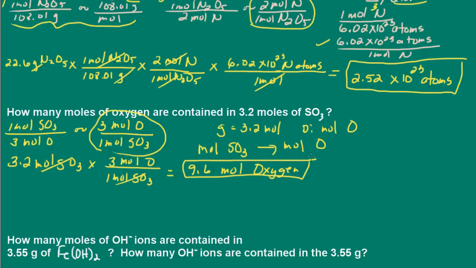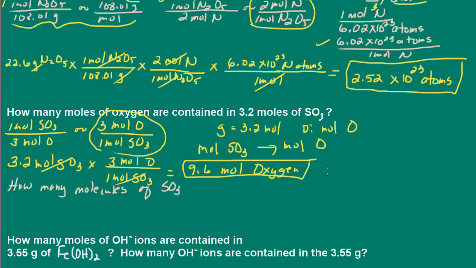Well, let's try this. How many sulfur trioxide molecules are in 3.2 moles? Well, how would we do that? We know that 1 mole of anything is equal to 6.02 times 10 to the 23rd. So that means 1 mole of sulfur trioxide molecules will be equal to 6.02 times 10 to the 23rd.